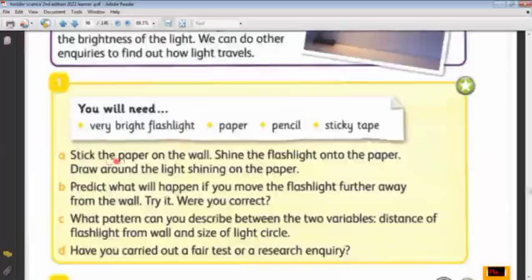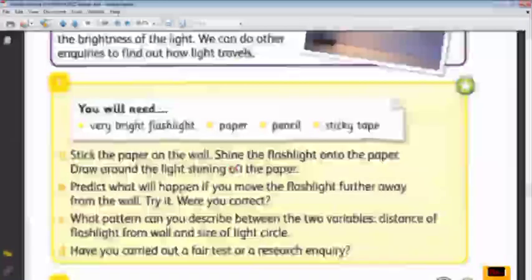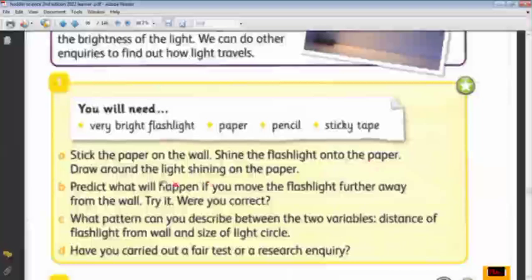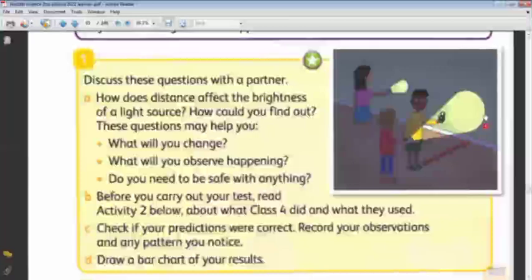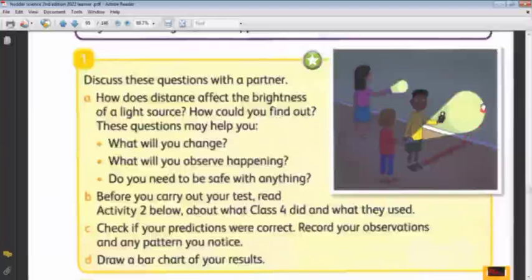A, stick the paper on the wall, shine the flashlight onto the paper, draw around the light shining on the paper. So we will do the same as in this experiment, but the thing that is different is that here we will stick a paper on the wall. Then we will turn on the flashlight and our partner will draw a circle around the circle that is formed from the light here.